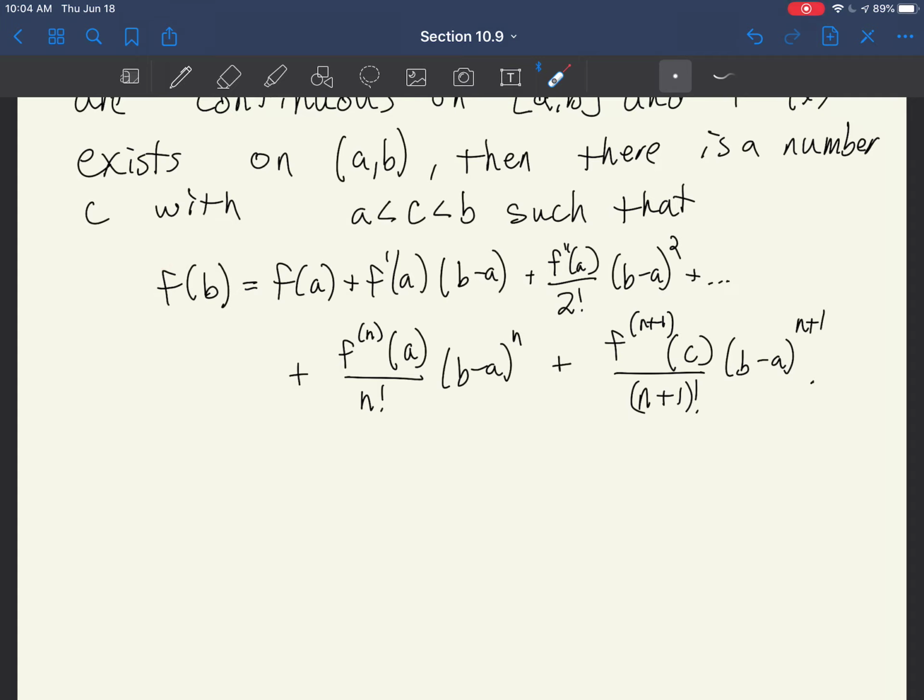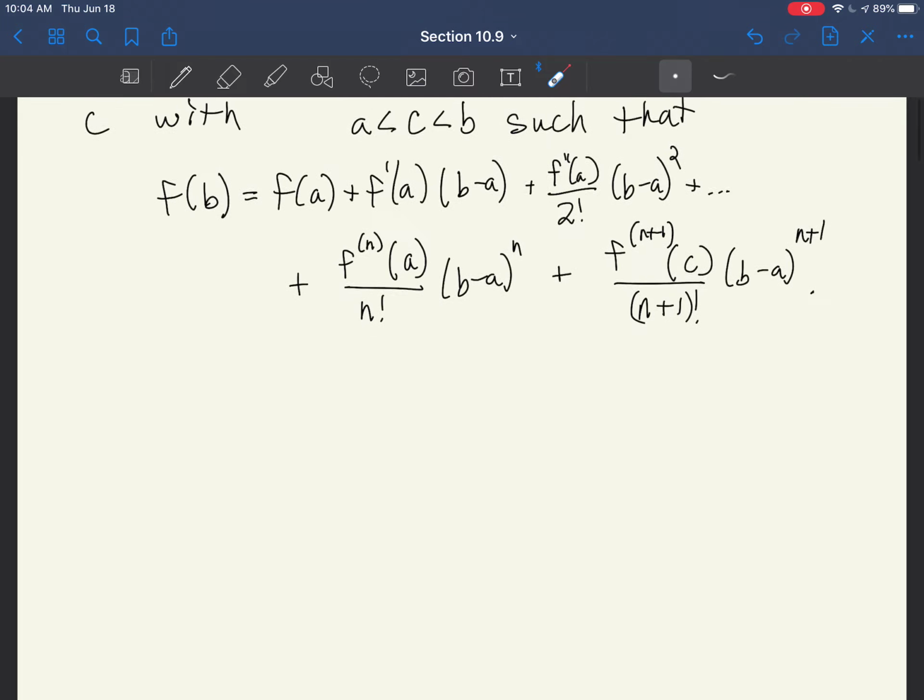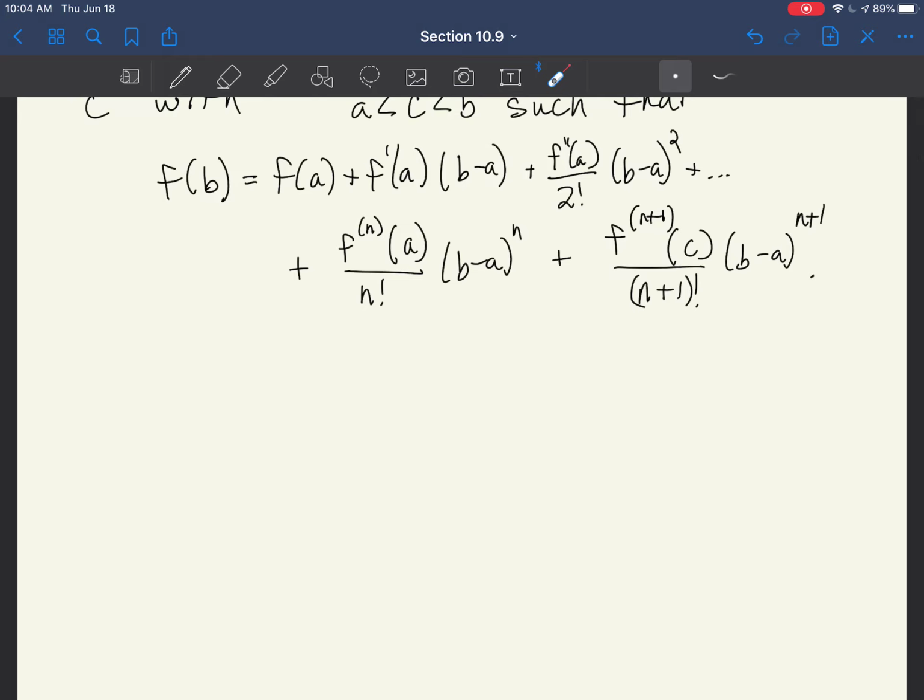So what is this saying? This is saying that there exists some c such that you can evaluate f at b, and this Taylor series is centered at a. So evaluate f at b, and you get a Taylor polynomial plus this extra term. And notice we have straight equality, not approximately.